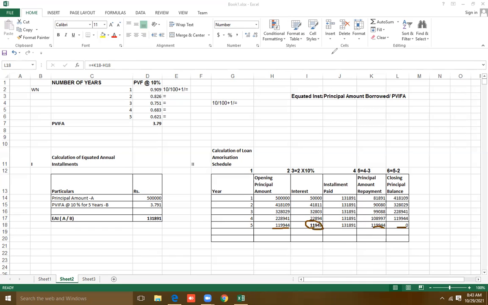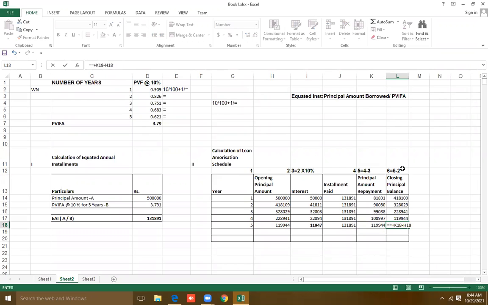Okay, for other years, how have we done it? 5 lakh into 10% is the interest, then installment paid, installment minus interest is the principal amount repayment, then opening balance minus this gives you the closing balance. Understood? So like that we have done, but don't do this step for the last year. Why?